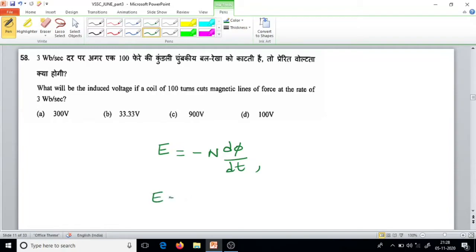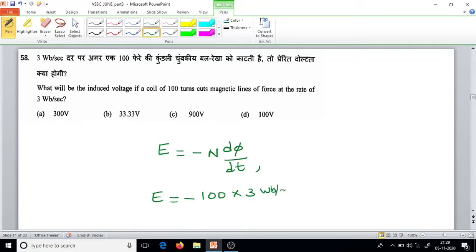Now E equals N. What is the value of N? There are 100 turns in the coil. At what rate does it cut the magnetic lines? That is 3 Weber per second.